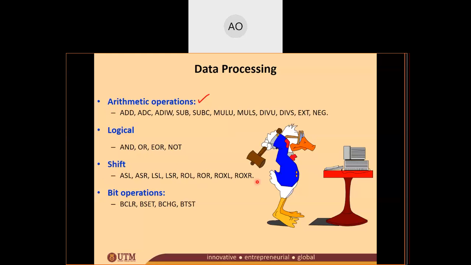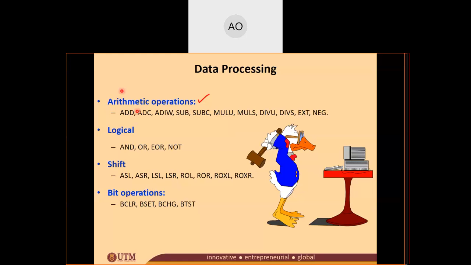You have a few instructions for the shift, and last but not least is bit operation. Bit operation is where you manipulate your bits. You have 8 bits, so which bit you're going to set and which bit you're going to clear, that is bit operation.